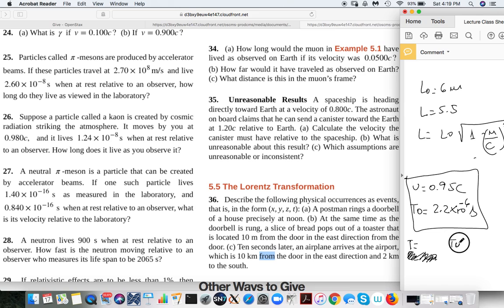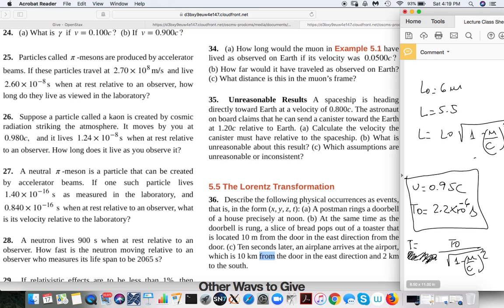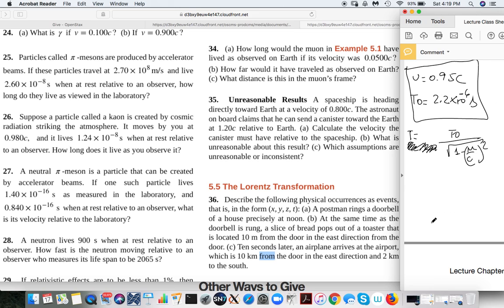The time observed by somebody on Earth is equal to the proper time divided by the square root of 1 minus u squared over c squared, right? And then we find the time, which is going to be something bigger than 2.2 times 10 to the minus 6. Once we find the time, then we can find the length. The length is equal to the speed times the time.